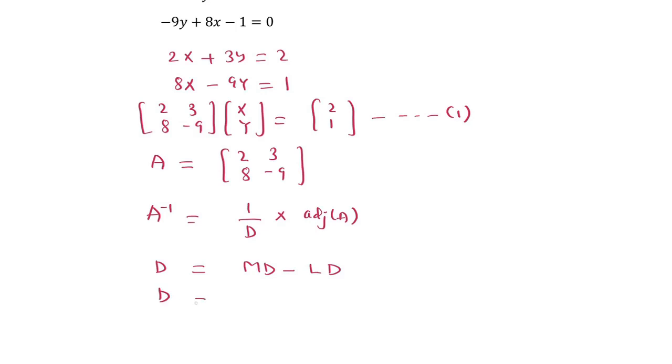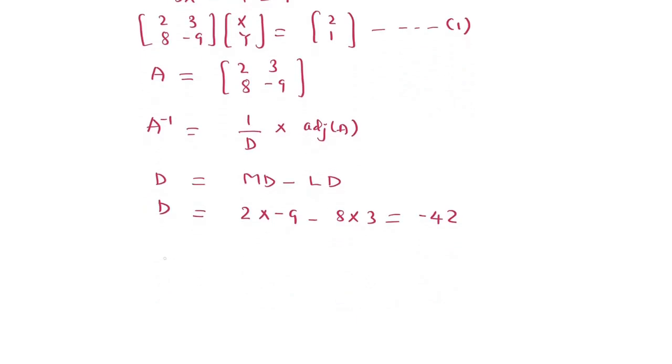So the determinant is going to be 2 times -9 minus 8 times 3, of which, solving this, we have -42.